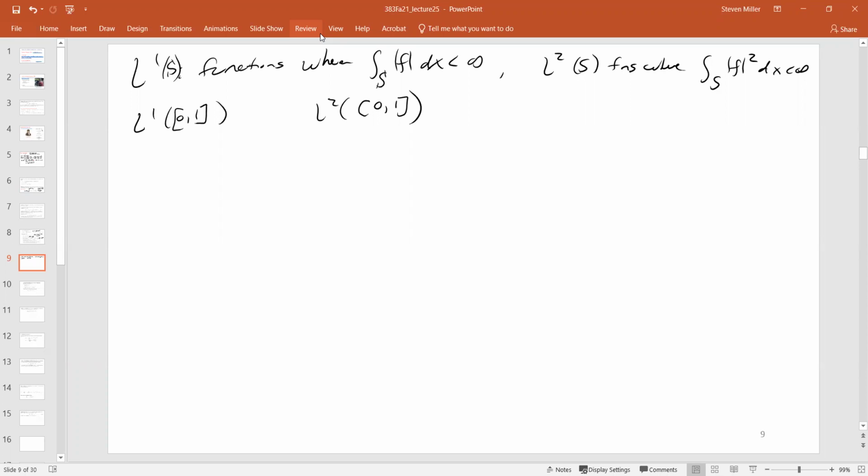Okay, so you are saying that anything that's square integrable must be integrable on 0, 1. Okay, any other guesses? So note, the integral from 0 to 1 of f of x dx is the integral from 0 to 1 of f of x times 1 dx.